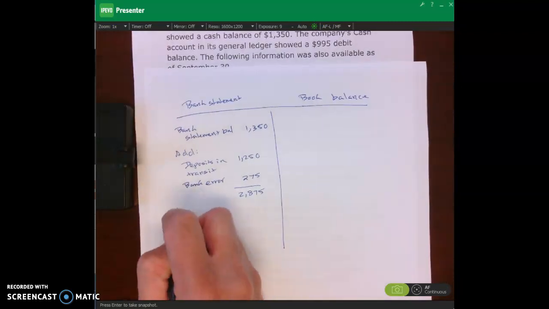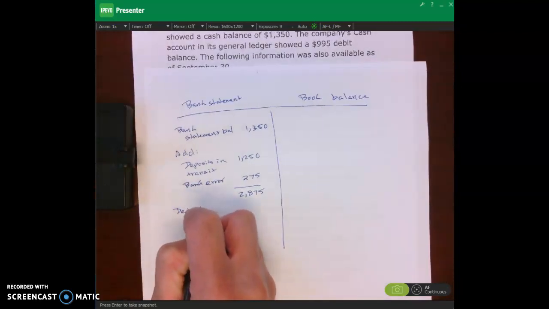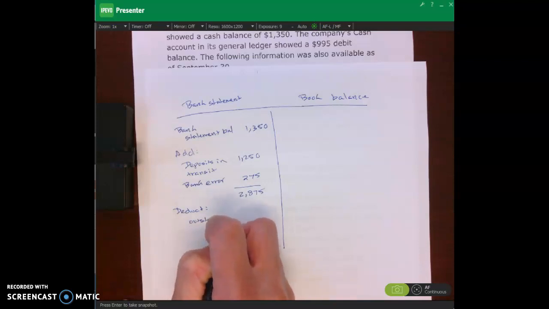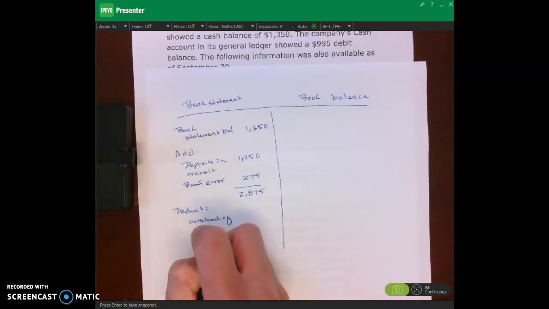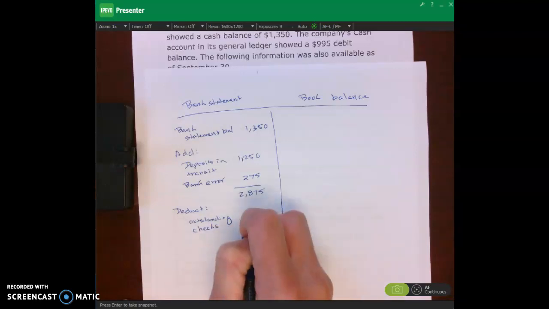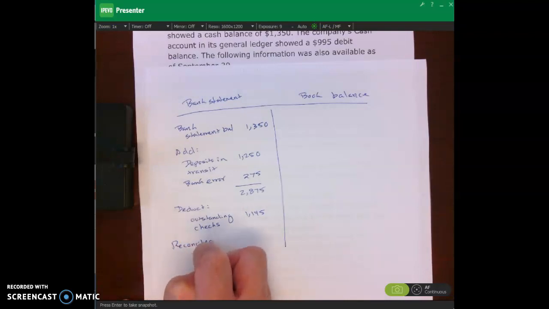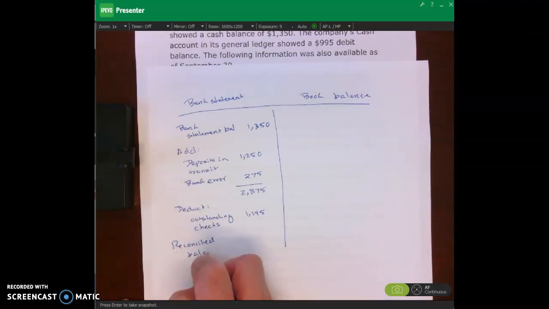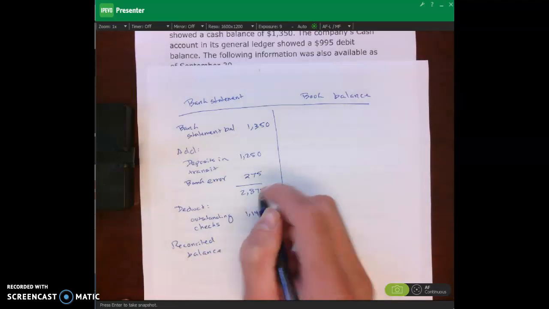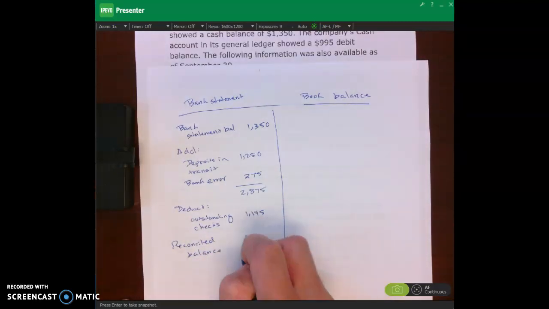So we can say deduct outstanding checks, $1,145, and then we can say our reconciled balance, our $2,875 minus our $1,145, $1,730.